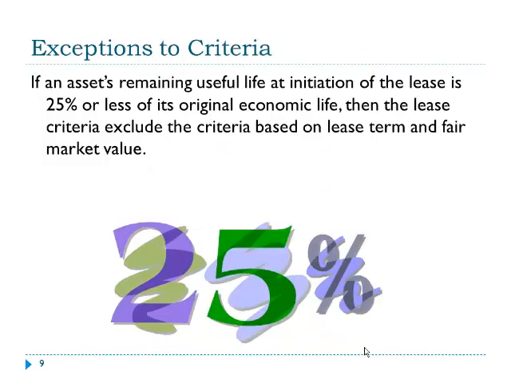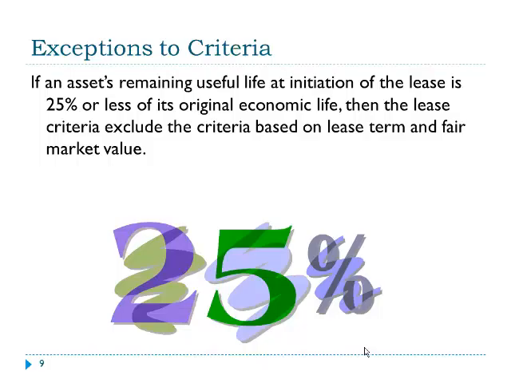There are exceptions to the criteria because assets that are leased to different parties throughout their lives may end up accidentally qualifying as a capital lease during those last few years in the life of their lease, because they're going to be leased for more than 75% of the economic life if this is the last year in which they're being leased.